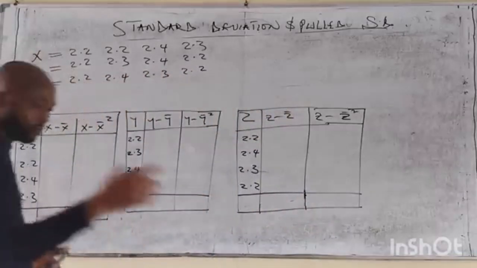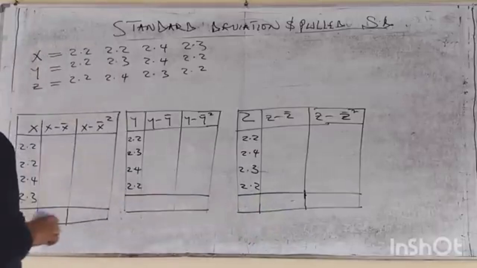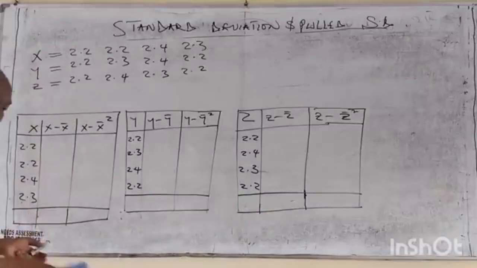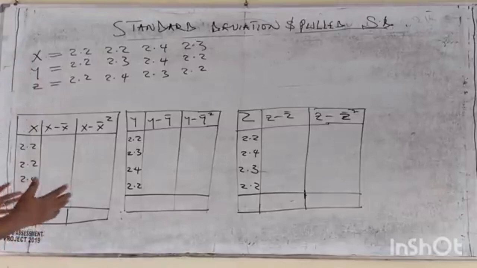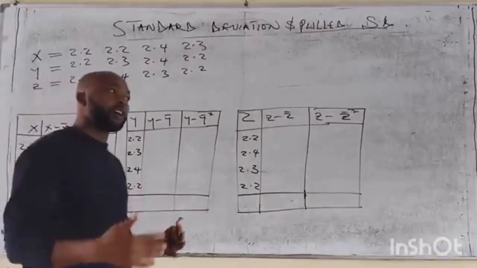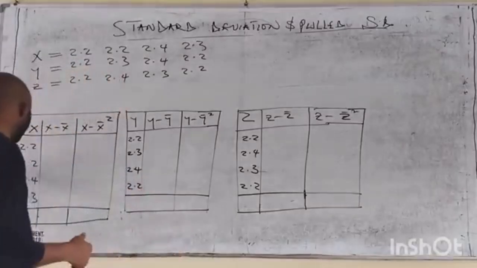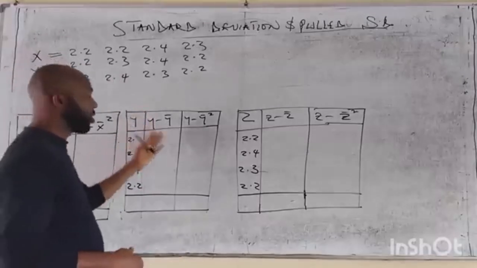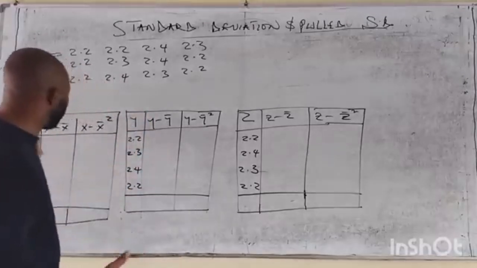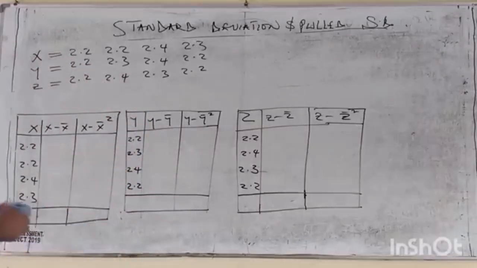Now let us move further. Sorry, we have to get a mean in each case. Mean is the summation of x over the number of data points, 1, 2, 3, 4. The same thing, summation of y over the number of data points. So let us get our summations here. I have 2.2 plus 2.2 plus 2.4 plus 2.3.